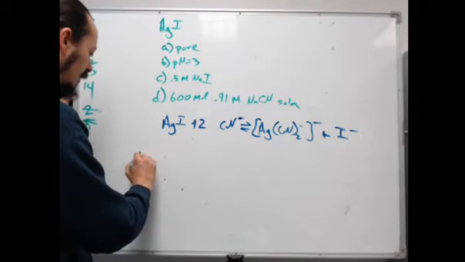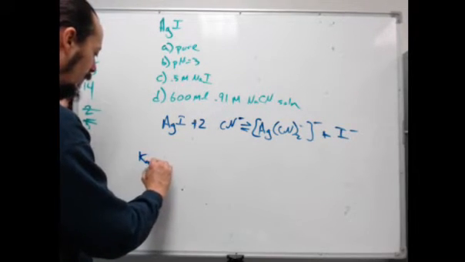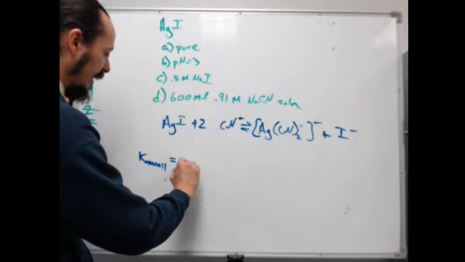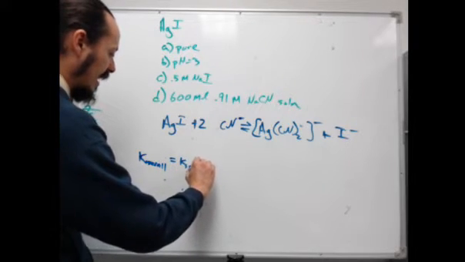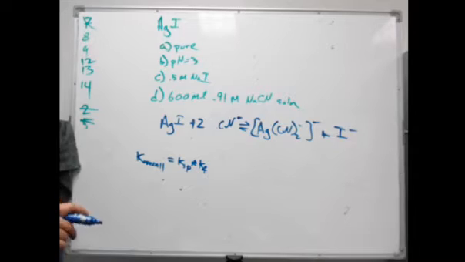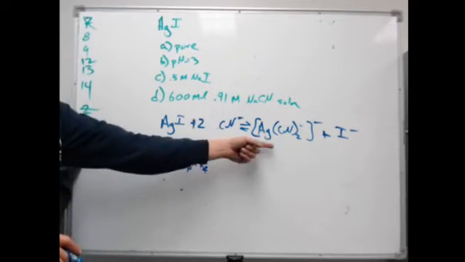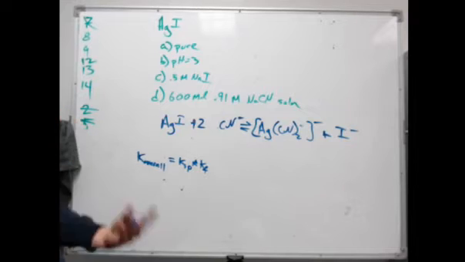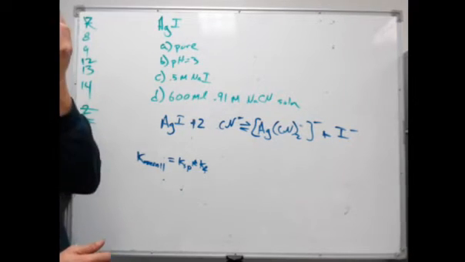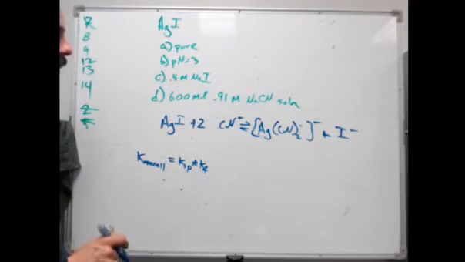My K overall is going to be equal to Ksp times Kf. Just like the problem we did before, I could think about splitting this up into the precipitate equilibrium and the metal complex equilibrium, but we just did a problem like that, so I'm going to skip that and say it's just these two times each other.